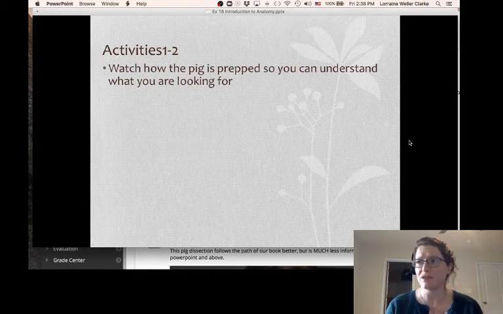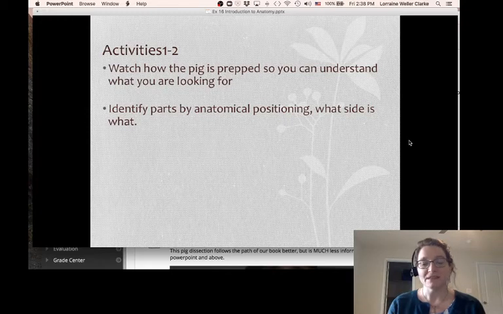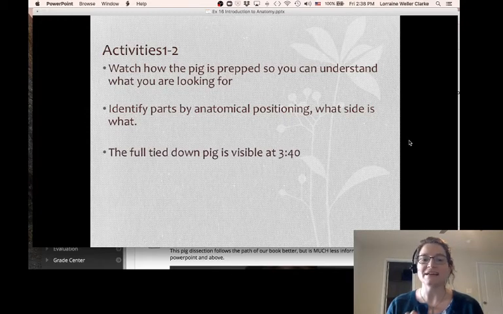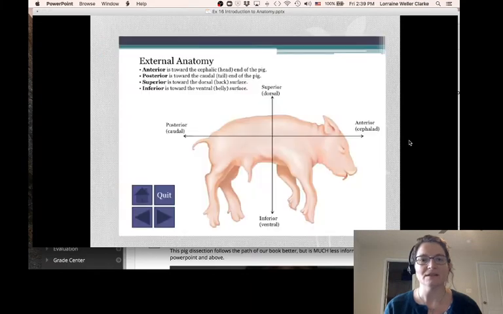That's the very beginning of the video. You're going to be identifying the parts by anatomical positioning. And then the full tied down pig, which you should be looking for, is visible at 3:40. So that's information about how to deal with those sides.